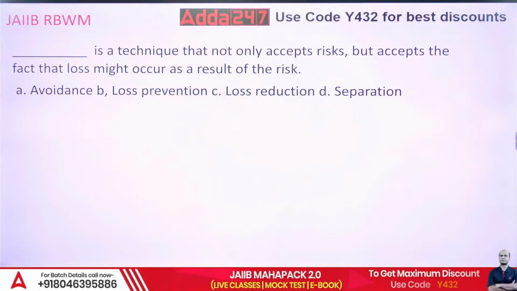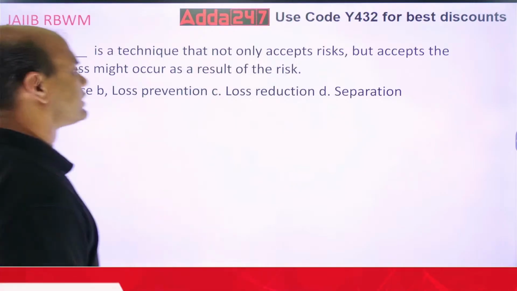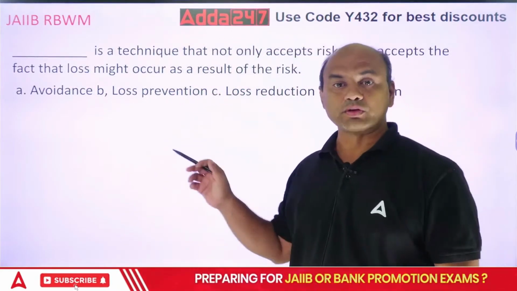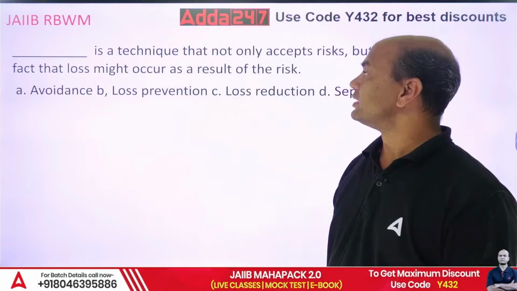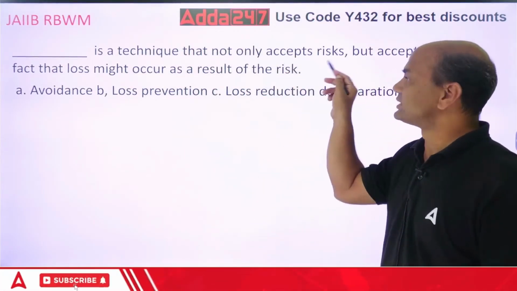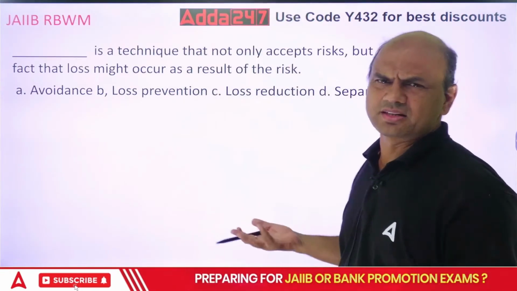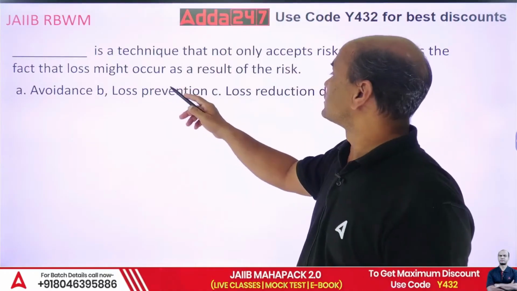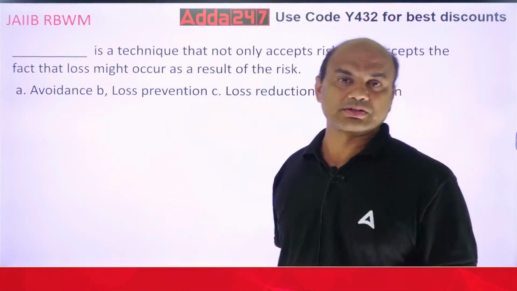It is a strategy for your loans. Whenever we give loans, we follow these 4 strategies. Now, what is the answer for this? It accepts the risk that there can be an NPA, but also tries to reduce the loss that might occur because of this risk.